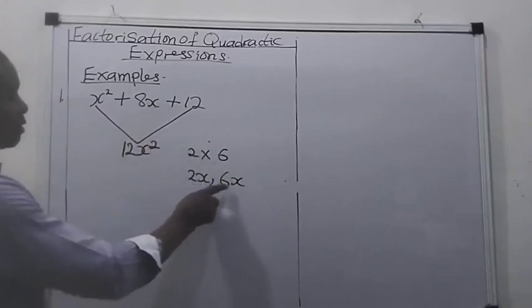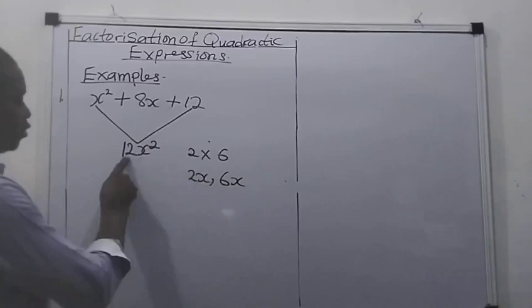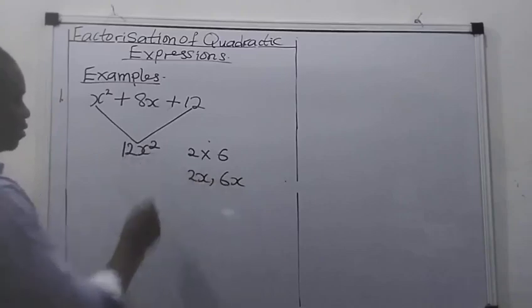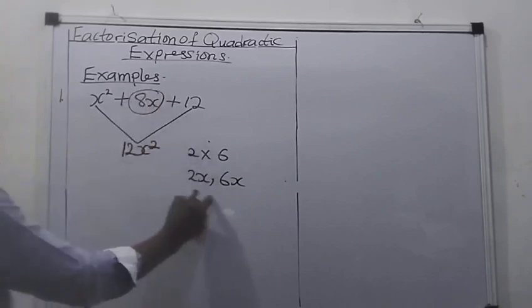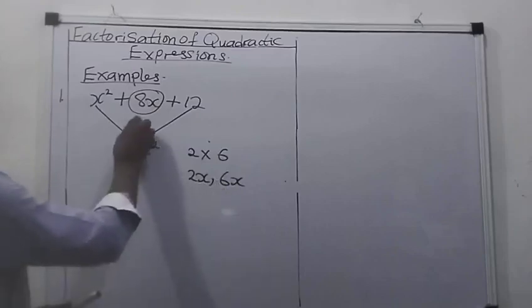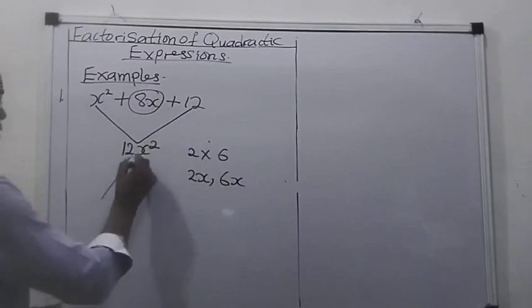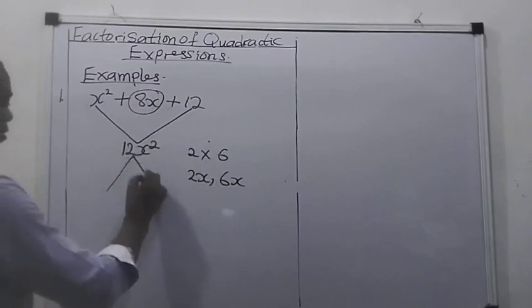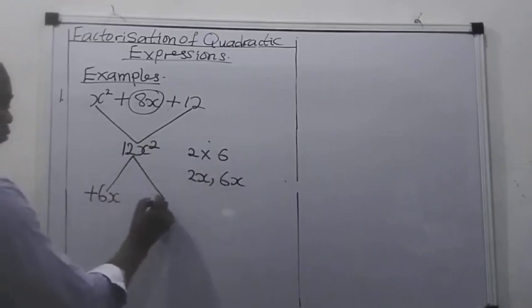And 2x times 6x will give us what? 12x squared. 2 times 6 is 12, x times x is x squared. So instead of writing this 8x, we are going to write 2x and 6x in its place. We are going to split it in this manner. Both of them are plus.